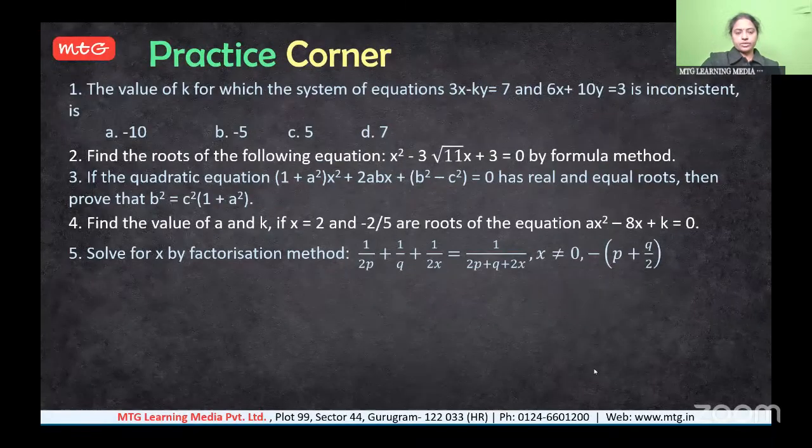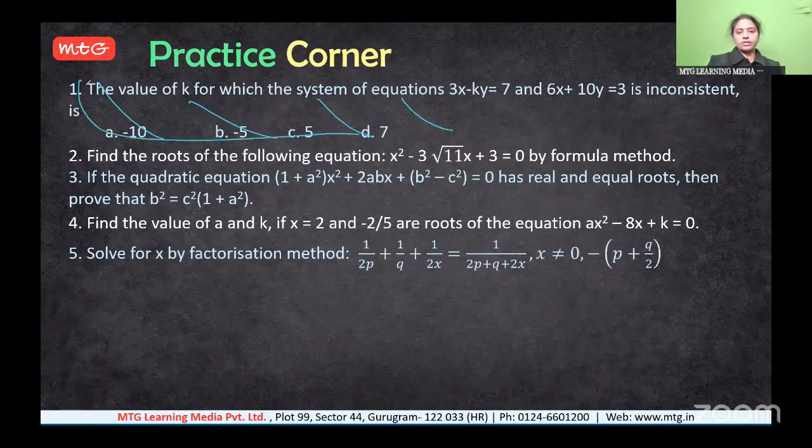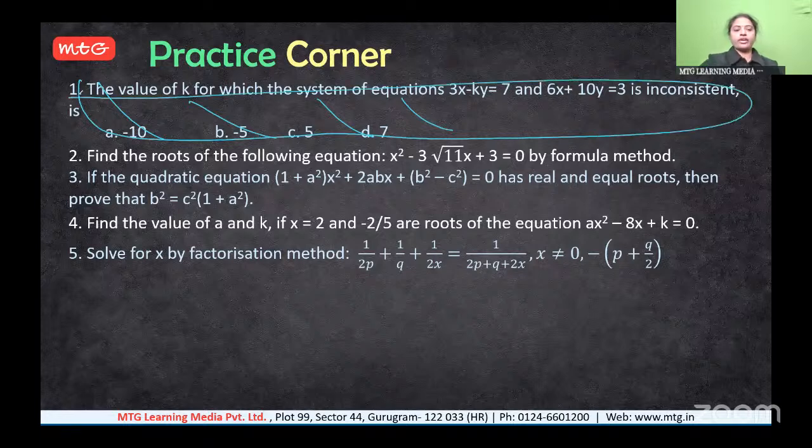Here are your practice questions for this chapter. Take a screenshot of it, work on this, and get back with your solutions and answers in the next class. Hope you have taken your screenshot. Can I move ahead? Oh, sorry. There was a small mistake in this. You can ignore the first question. I don't know why somehow it has been showing the first question of the previous chapter. So ignore this. You can solve questions 2 to 5.